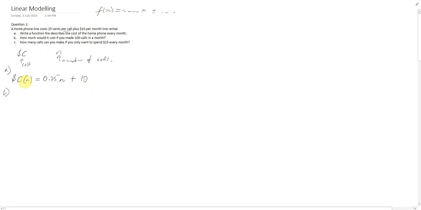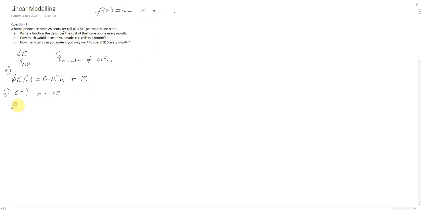Part B, how much would it cost if you made 100 calls in a month? So we want to know what is C for making 100 calls. So n is 100, what is C?